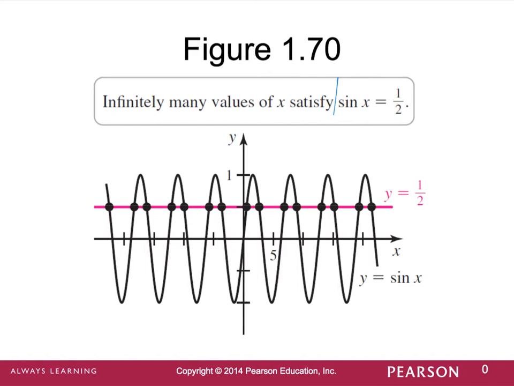And so say we have the equation sine of x is equal to 1/2. Well, sine of x is equal to 1/2 an infinite number of times. And so we can't pinpoint it to one specific time. But typically what we try to do is pick the first time that it happens, or when it happens in the first quadrant.